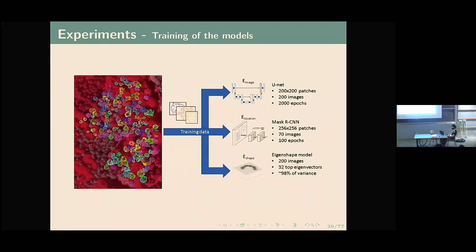The mask RCNN, that's giving rise to the location term, and the contour shape prior used for our experiments was a classical eigenshape model capturing 98% of the shape variance using the top 32 eigenvectors. So these are just details on that. You can talk about it later if anyone's curious.